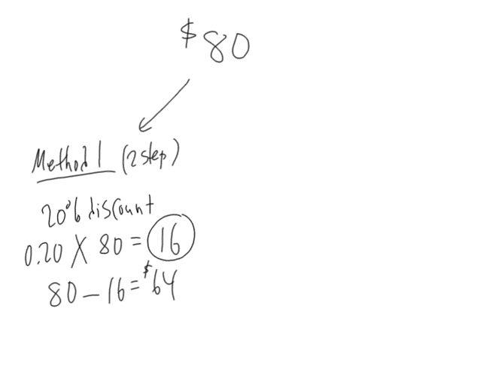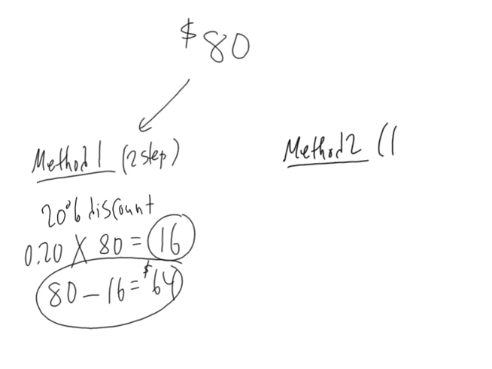Okay, this is going to be called a 2-step solution for discounts. Step 1 was find the discount, and step 2 was subtract the discount from the cost to get your final price. Method 2 is a much easier approach, and it's easier than the tax method. It's a 1-step. And here's what it boils down to. If you had a 20% discount, what percent did you pay for?